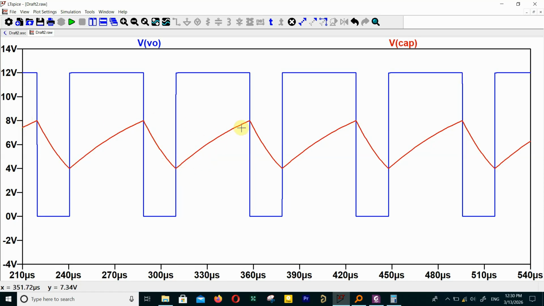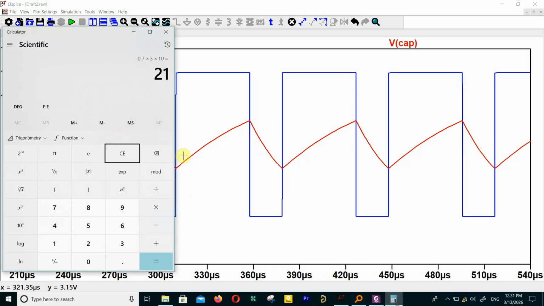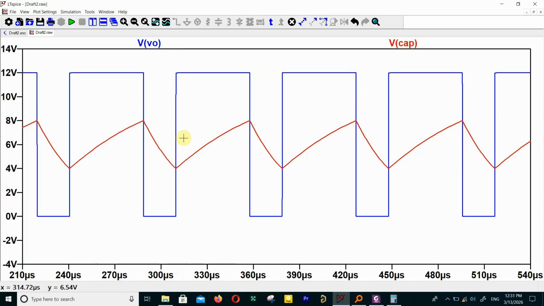So the waveform of VCAP is between 4 volts and 8 volts, and this is where the changing happens. The output goes high when it's above VCC divided by 3, and when it reaches 2/3 times VCC, it goes low in the output. Okay, this is where changing happens, and about the times that we just calculated, the two values, 48 microseconds and 21 microseconds.